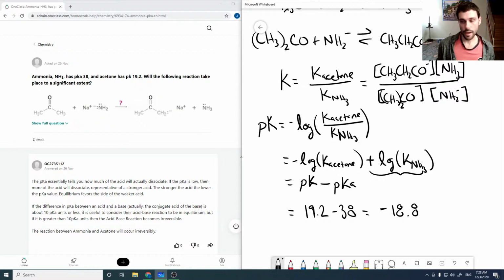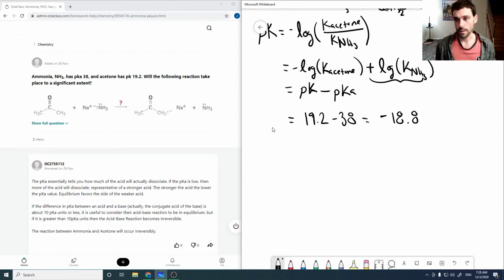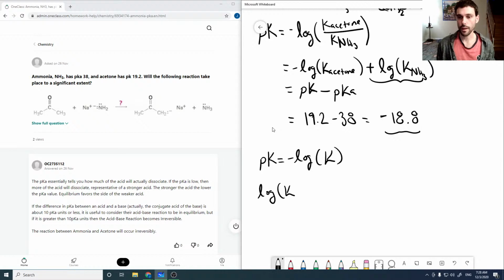So that means the pK for our total reaction is negative 18.8, which means, as it's deeply negative, that the reaction is heavily favored. We can also verify this by saying pK is the negative logarithm of our K, right? And so the negative logarithm of our K is negative 18.8.